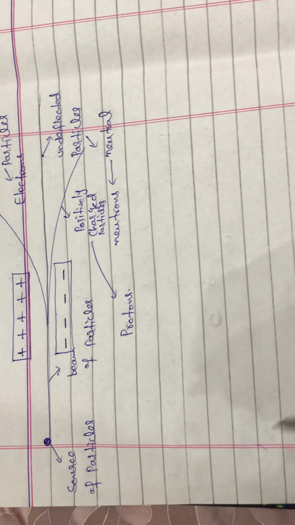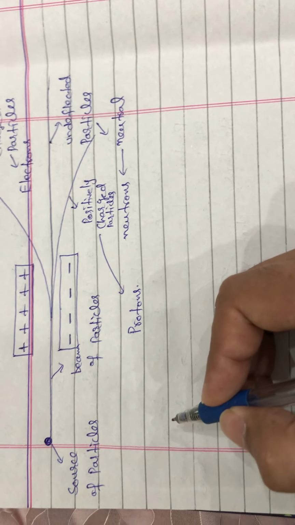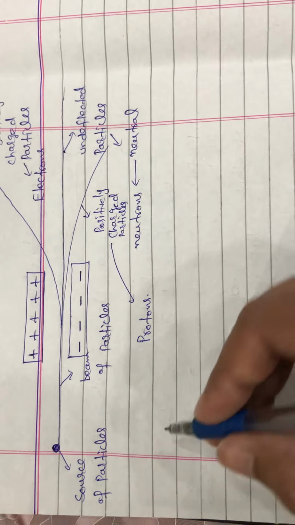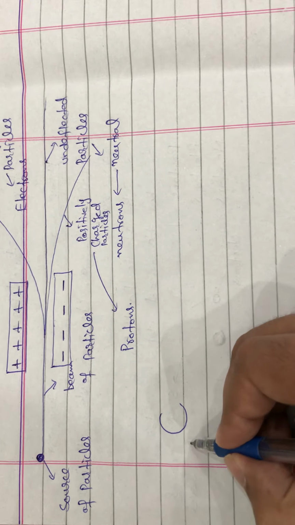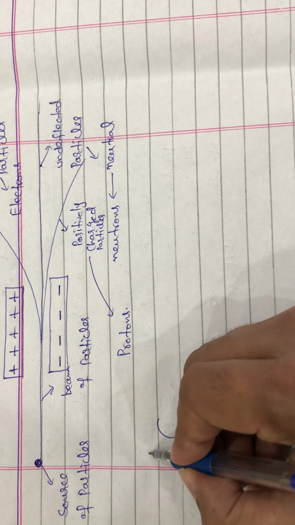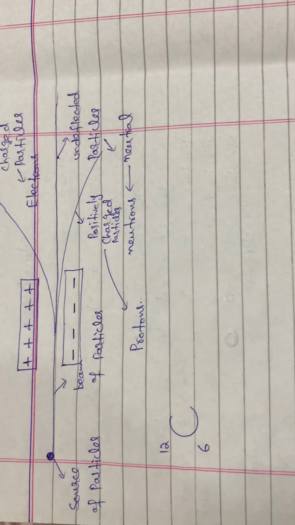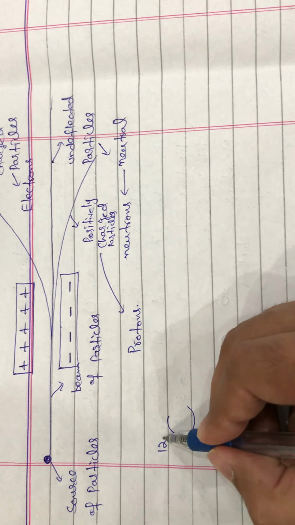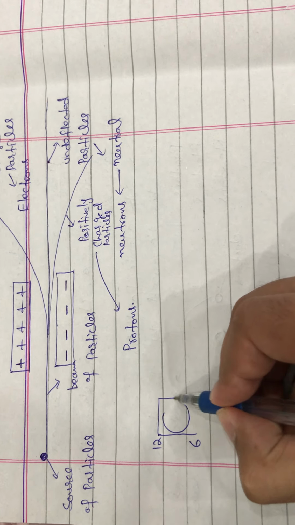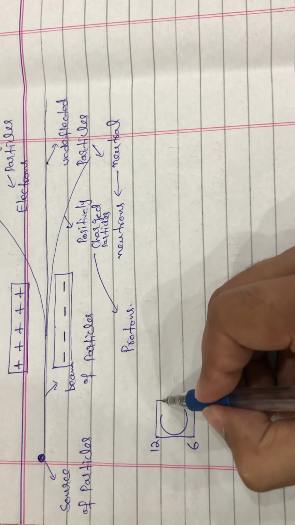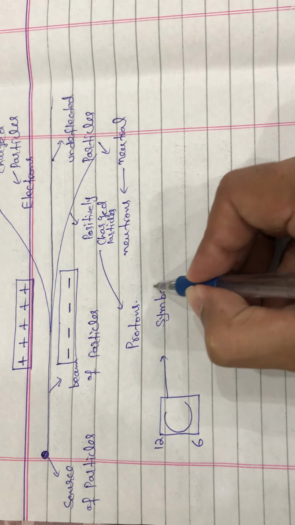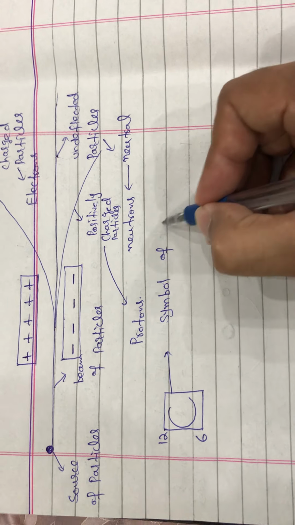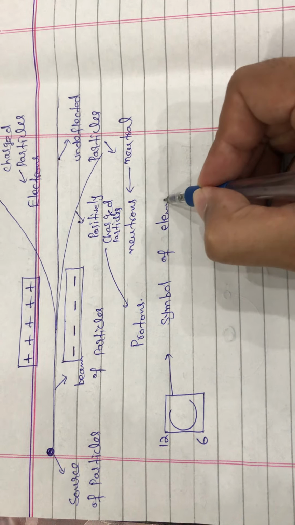Now we are considering the symbols for the atoms. For example, we are considering carbon. Carbon is 6 and 12. So this letter is representing the symbol of its element.